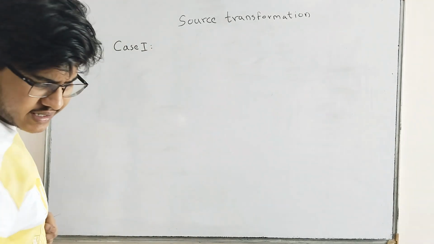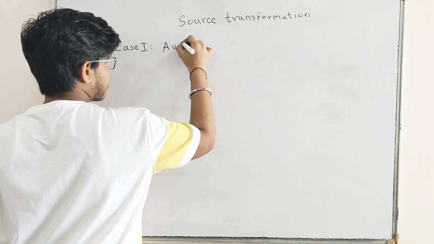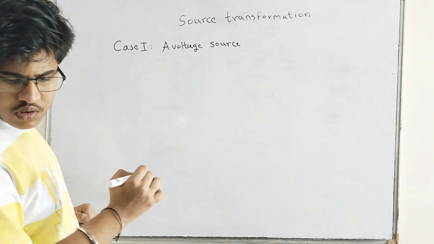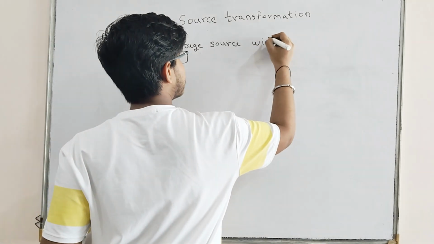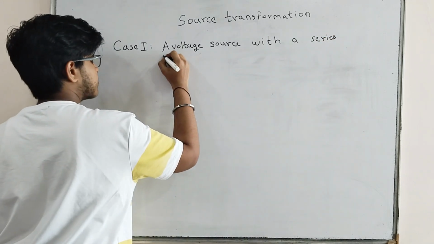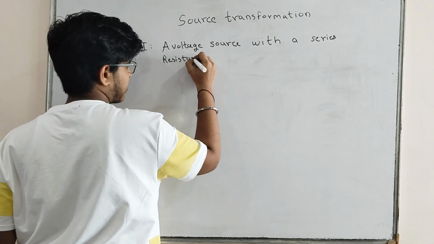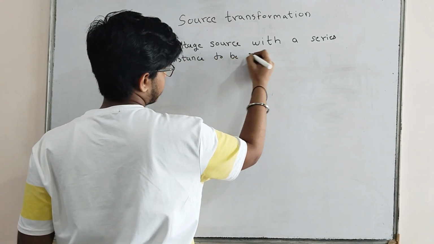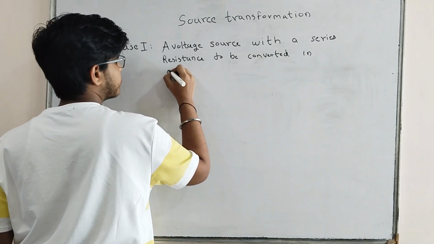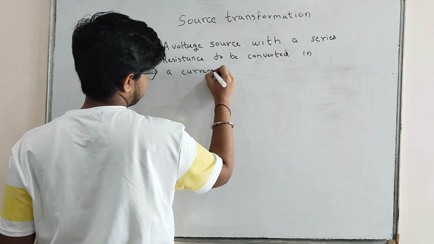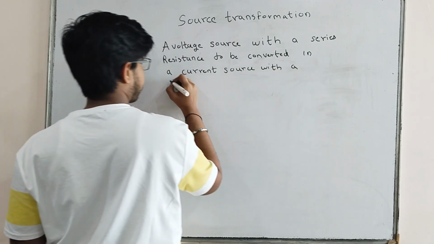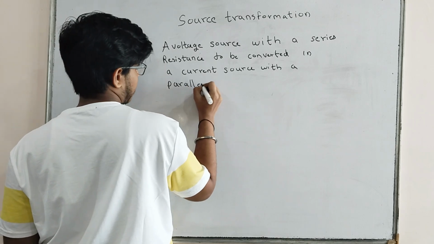Case 1 states that a voltage source with a series resistance can be converted into a current source with a parallel resistance.